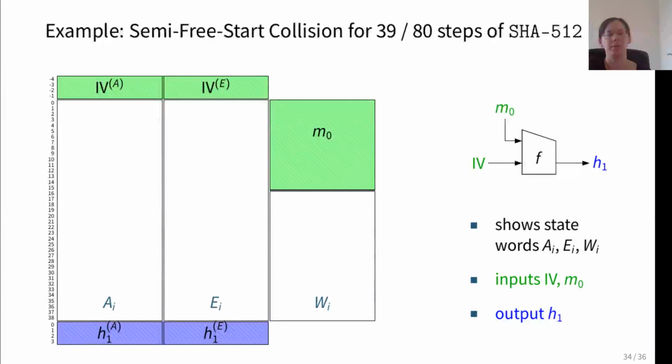Then we have here the W, which is the message words, which are initialized from the message, and all the following words are then computed recursively from this. And all the A and E words here, so 1 line for each step, are also computed from the previous A or E word and some of the older ones. And the final output is going to be in the final 4 A and E words. So that's the output here. So this is the picture we use.